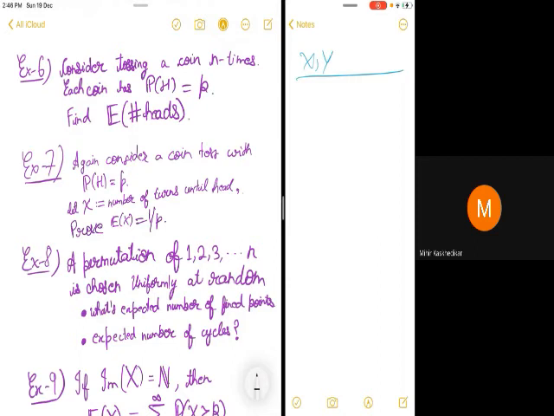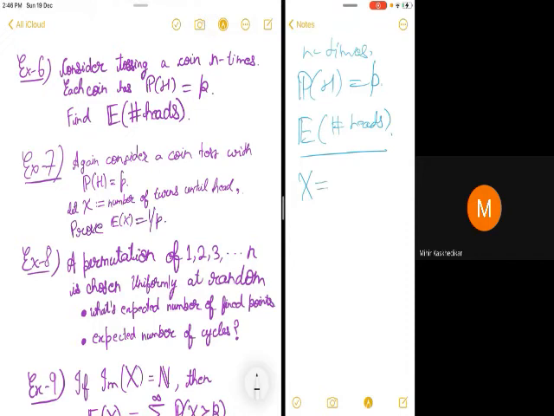Suppose we toss a coin n times, and the probability of heads for each coin toss is small p. Then we want to find the expected number of heads. Let's make this a bit precise: our random variable X is the number of heads in an n coin toss.